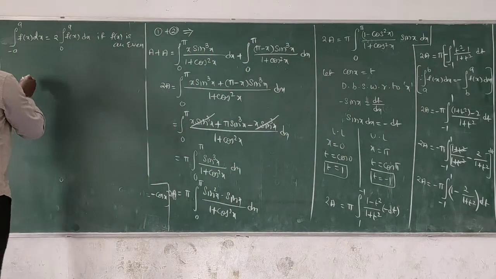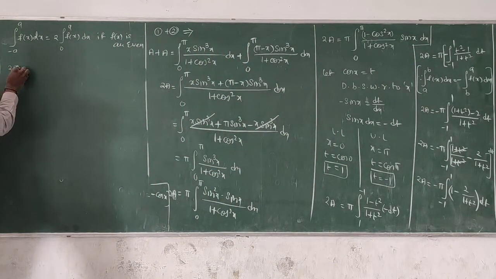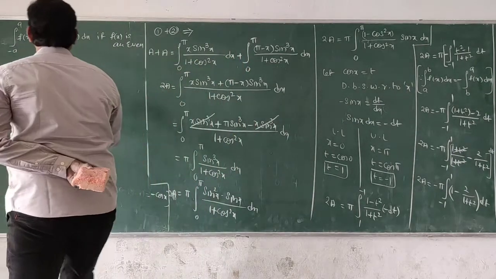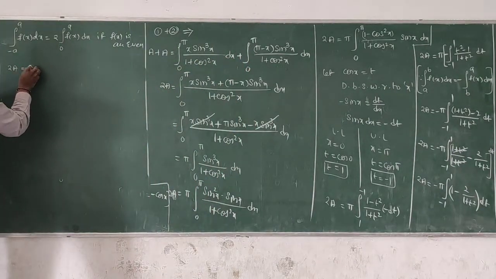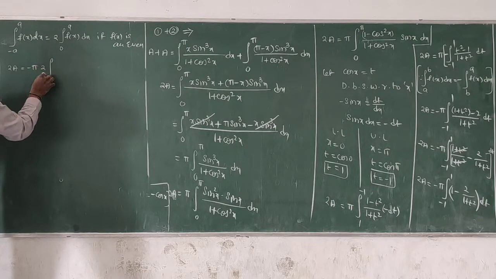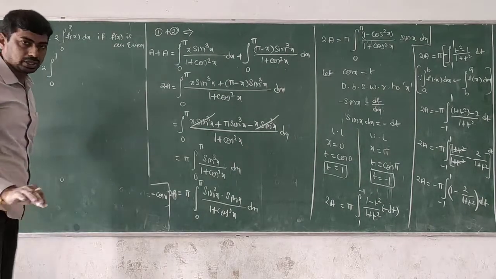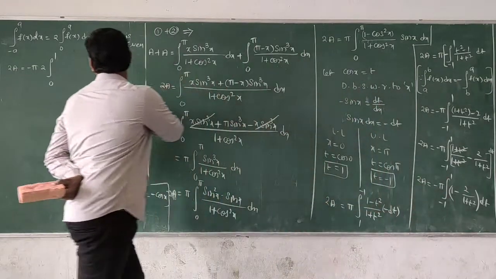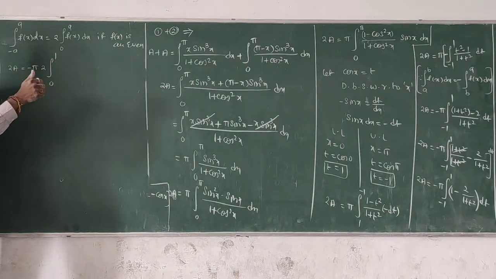By using that formula, 2a can be written as, here we have minus pi, 2 into 0 to 1. Understood clearly? Here we have minus 1 to 1, and I am writing here 2 into 0 to 1. Why?